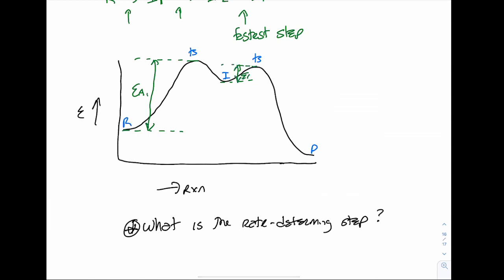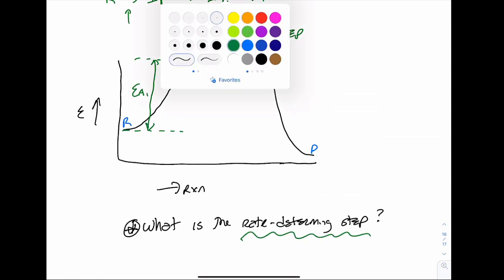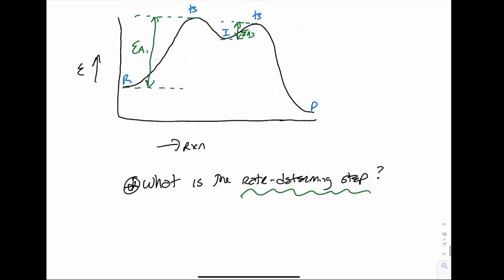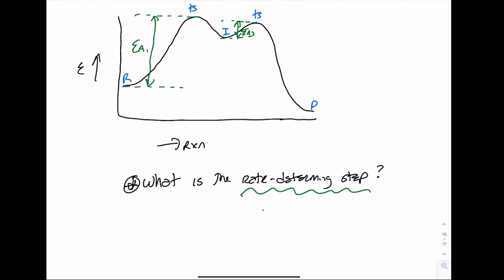So who remembers rate determining steps? If you guys are going with the first step, you're correct. Our rate determining step is the slowest step. Remember, our overall reaction can never proceed faster than our slowest step. So whichever one's slower is going to determine the rate of that reaction. So the slowest step of the mechanism is our rate determining step.